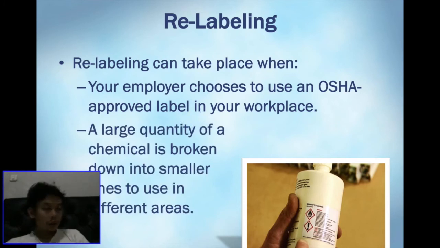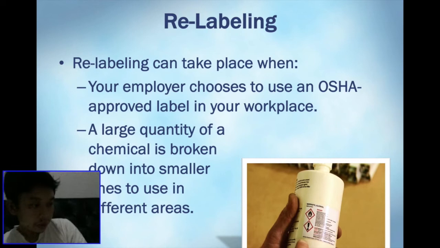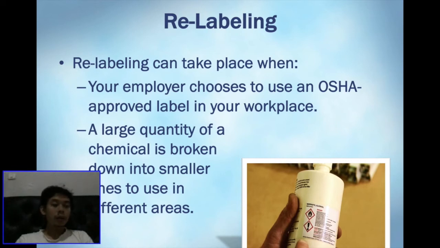Relabeling may occur when a large quantity of the chemical is broken down into smaller ones and then distributed to different areas in a company.